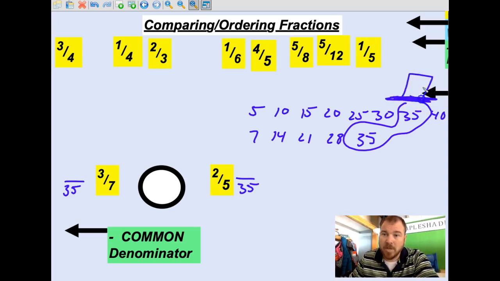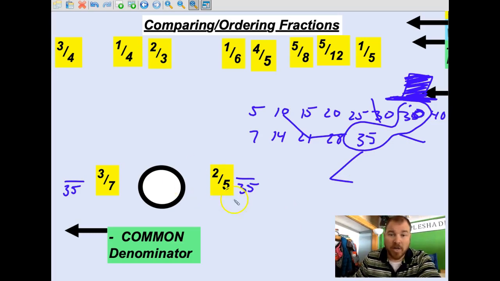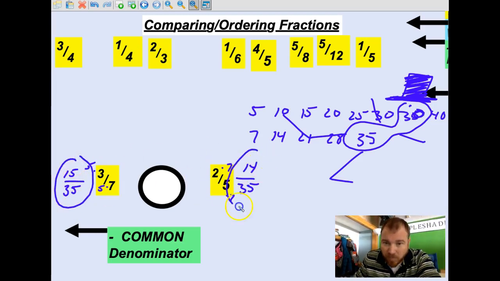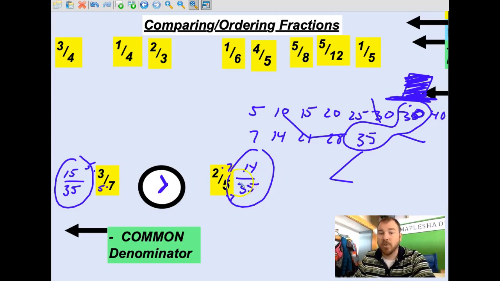Mr. Peanut, as we like to talk about in class, can help us find our common denominator. Okay, fantastic. So our common denominator is 35. Times 7 over here, 14. It's different over here though, times 5 and times 5 to get 15. Look how close those were. 15/35ths compared to 14/35ths. This guy's just one tiny little 35th bigger, which is very difficult to prove without using the common denominator.